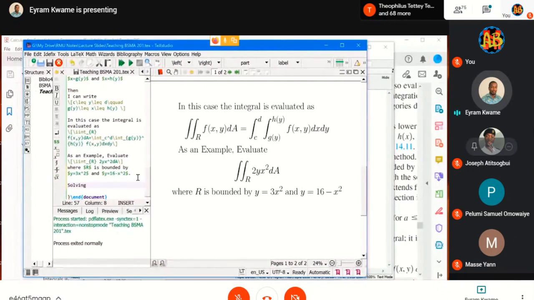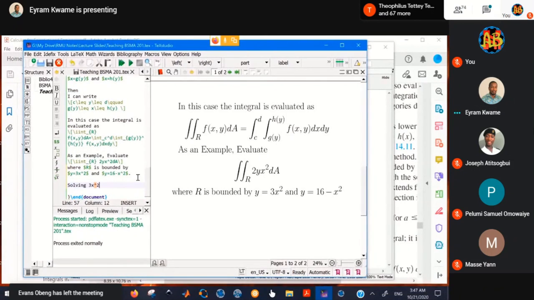So now I have to solve this. 3x cubed is equal to 16 minus x squared. And this gives me something.